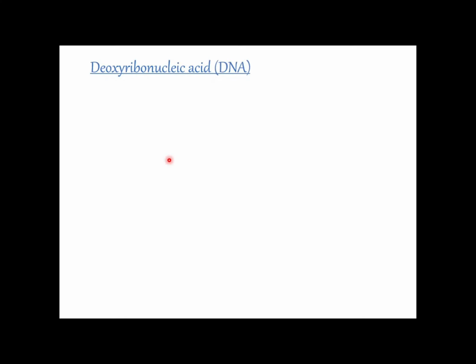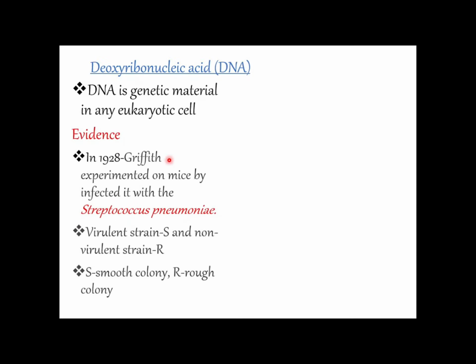Let us see what we mean by DNA. DNA is deoxyribonucleic acid. It is the genetic material in any eukaryotic cell. When I say genetic material, it means a material that can store certain information and transmit that information from one generation to the next generation. When we look at DNA, in the nucleus there is a chromosome.